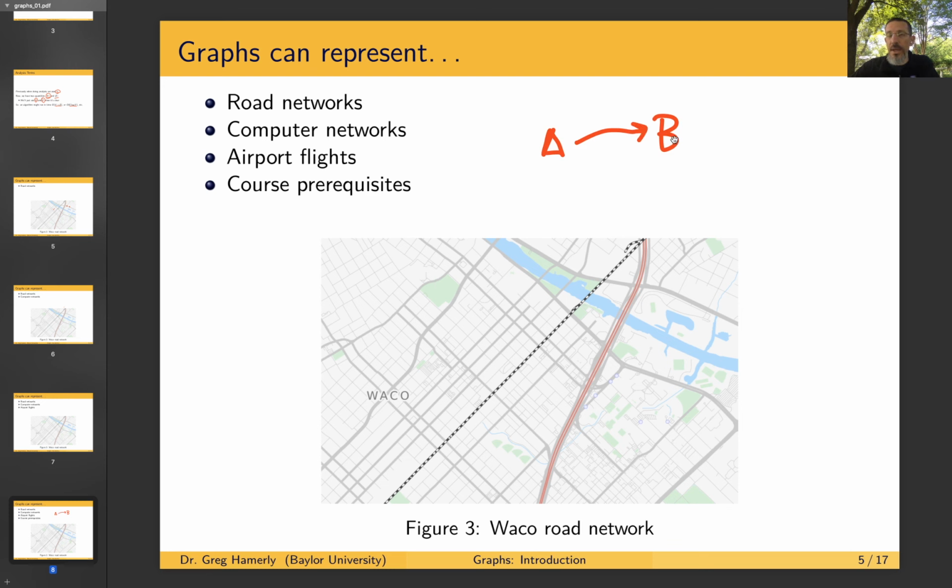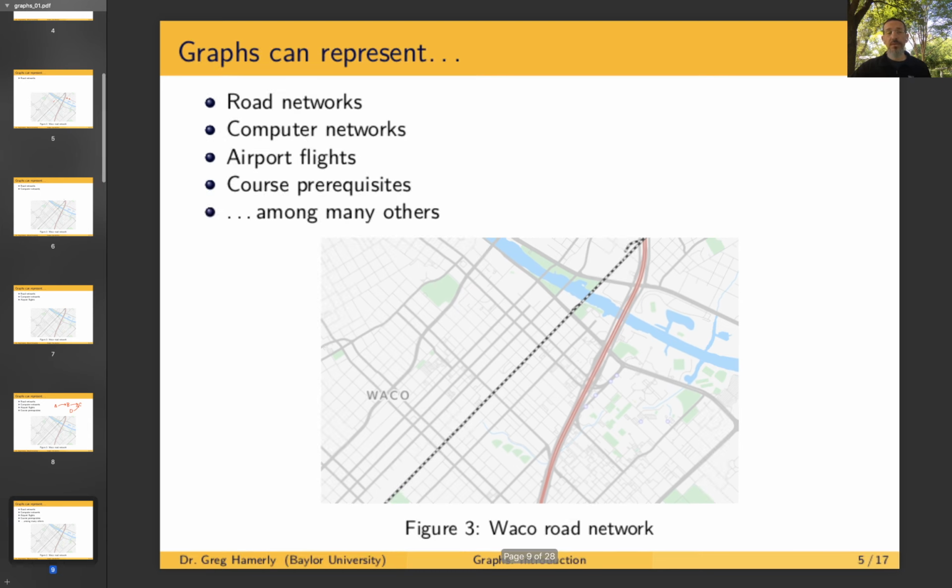So B depends on A as a prerequisite, and maybe B is a prerequisite for another course C, and maybe C also has another prerequisite called D. Okay, so the prerequisites that we have in courses can be encoded as a graph, and there's lots of others.